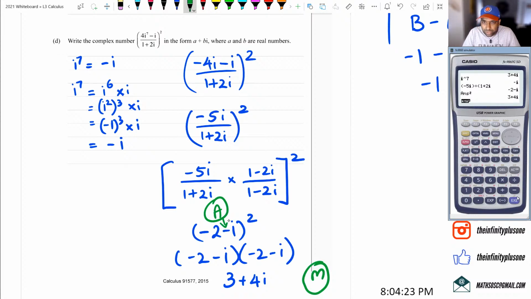Are we okay with this question? Are we ready to move on to the next merit question? That's going to be question 3C. All right, I'll assume that we can move on.